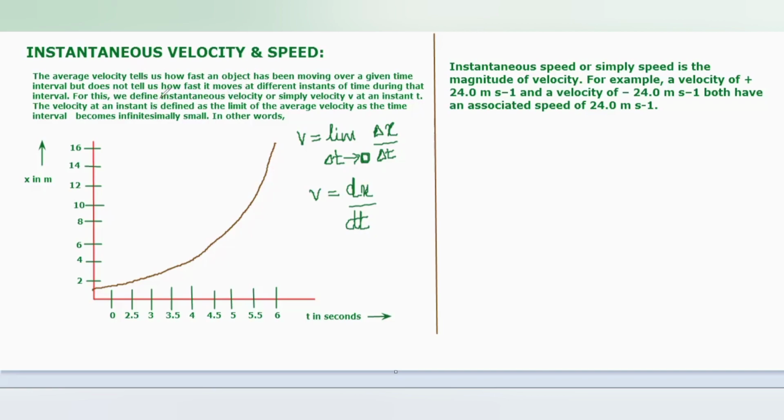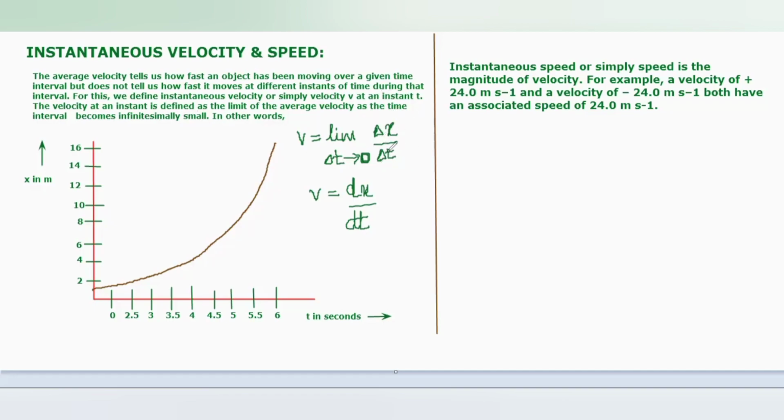For this, we define instantaneous velocity, or simply velocity v, at an instant t. The velocity at an instant is defined as the limit of average velocity as the time interval becomes infinitesimally small. In other words, v equals the limit as delta t tends to 0 of delta x by delta t.